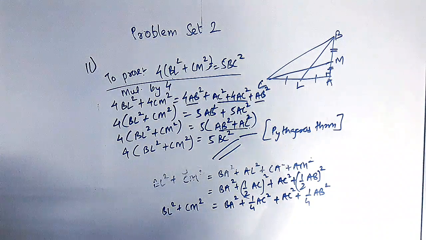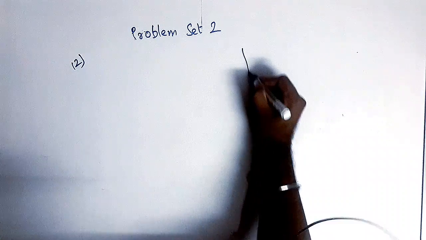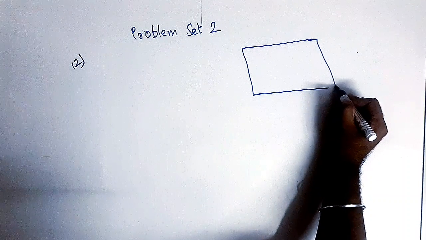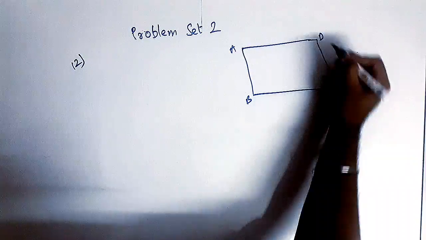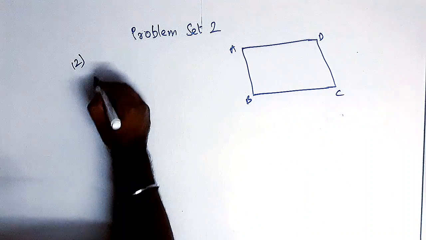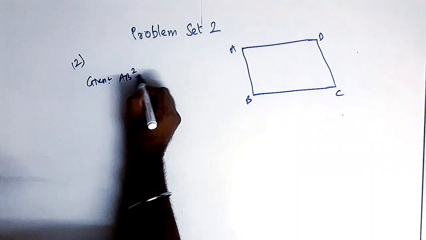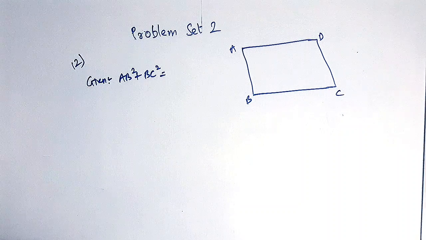Okay, then the 12th one says that the sum of the squares of adjacent sides of a parallelogram. Let us say this is a parallelogram. So I can write in given, AB square plus BC square is equal to how much is given?